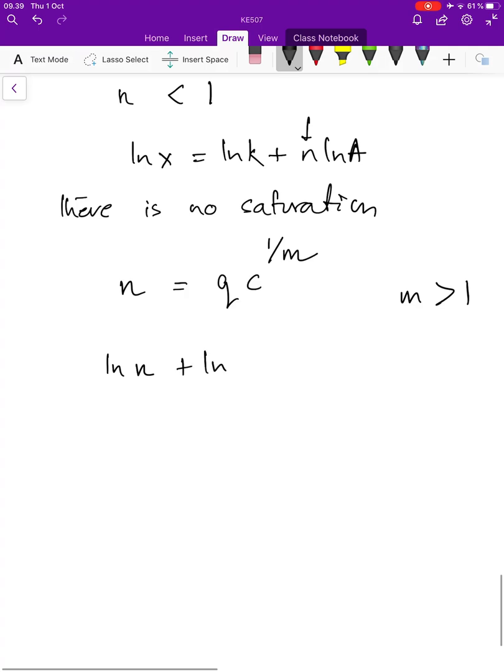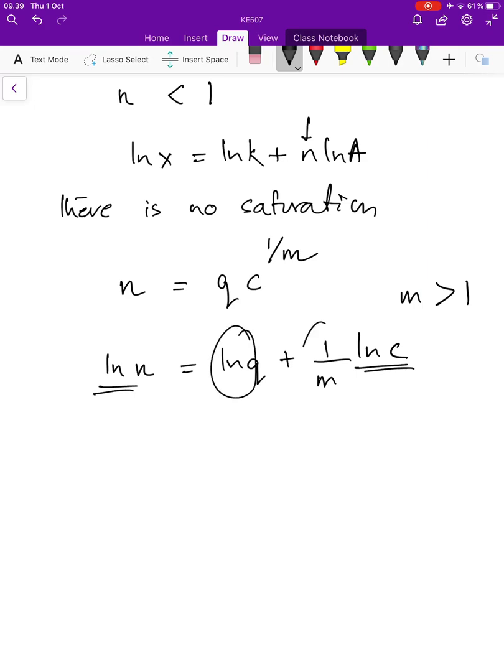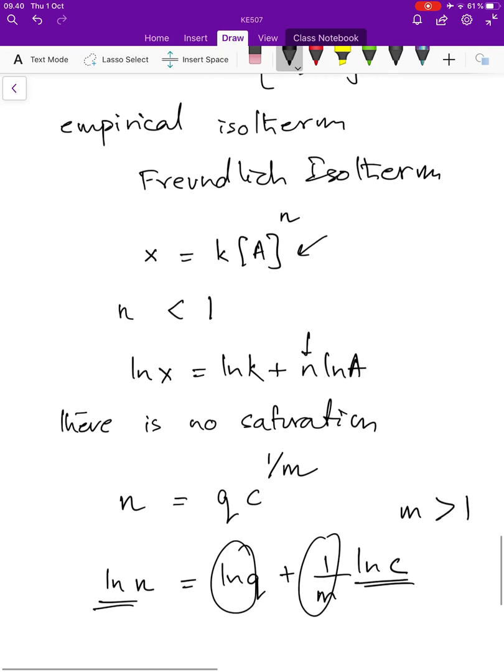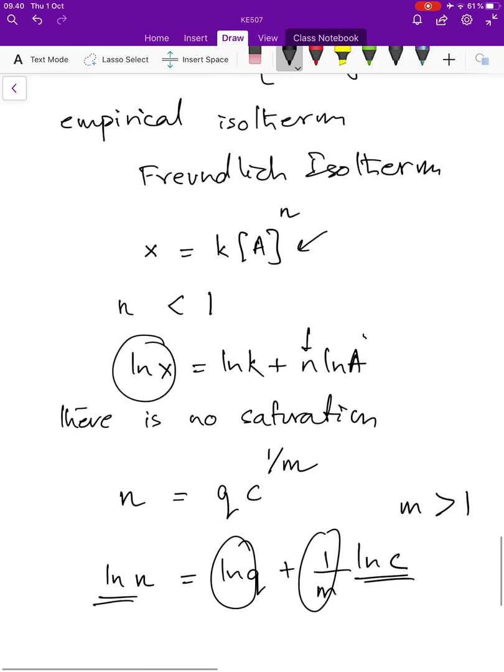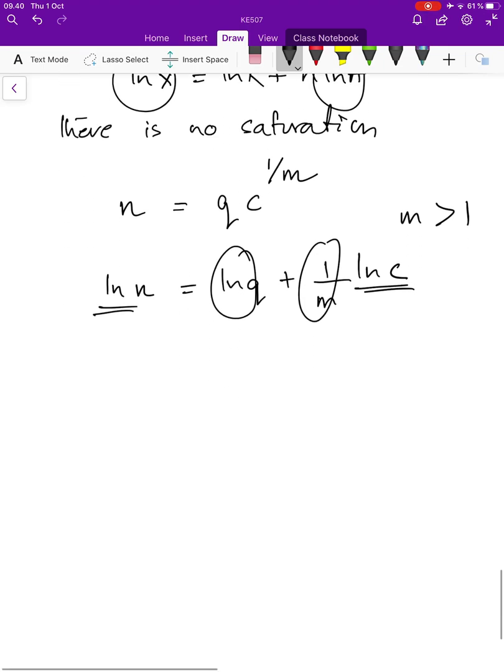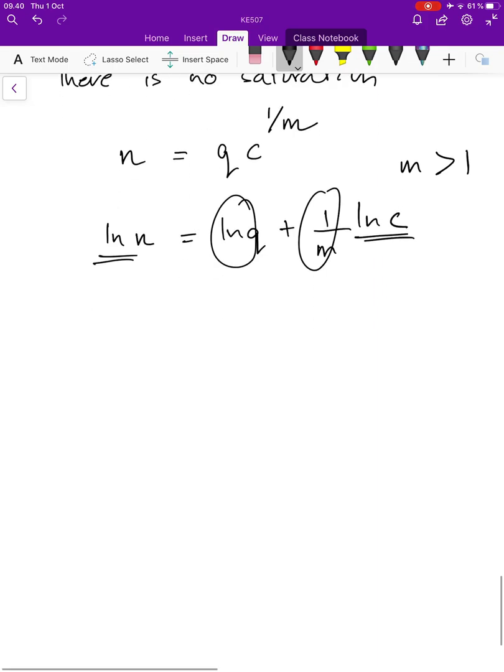And again, you can take logarithms on both sides, and by plotting log C versus log n, you can calculate both Q and 1 by m. Here also you are plotting log n versus the concentration of A. So these are two types of isotherm which are used for adsorption of simple materials on surfaces.